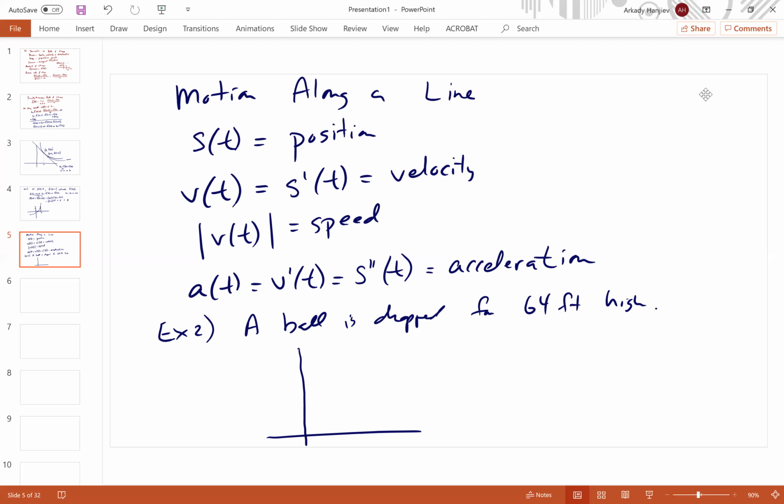We have this little ball right over here at 64 feet high. I let go of the ball and it goes, and then it hits. And we look at it and it's exactly 2 seconds. Whoa. 2 seconds to hit the ground.